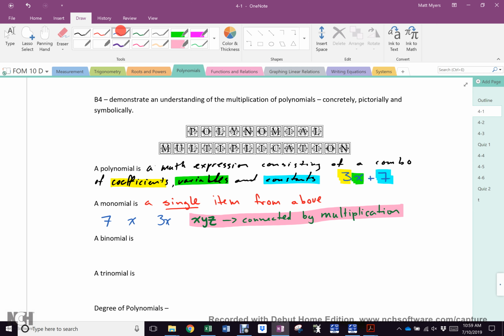A binomial is 2 monomials connected by addition. Now, when I say addition, that automatically means subtraction as well, because subtraction doesn't exist.